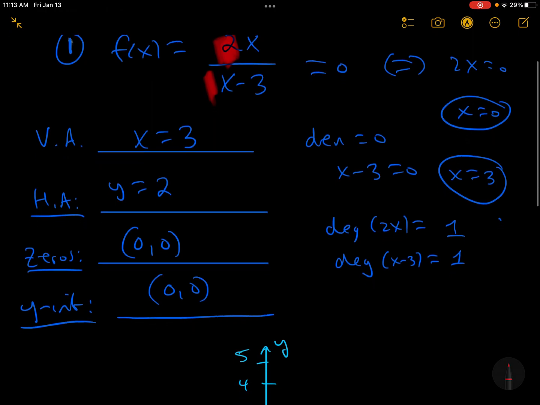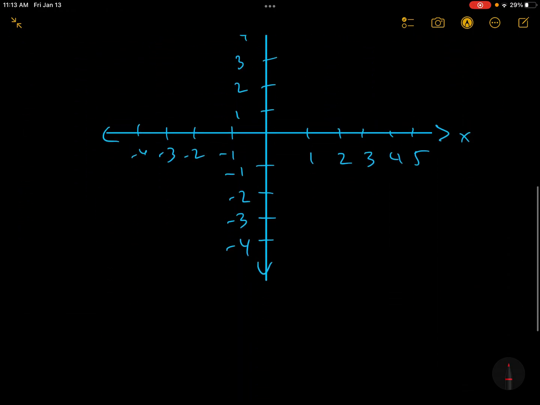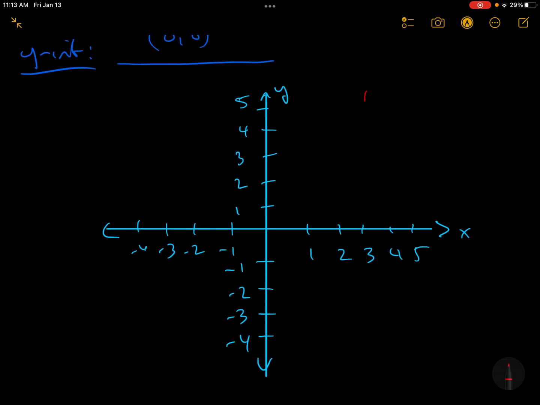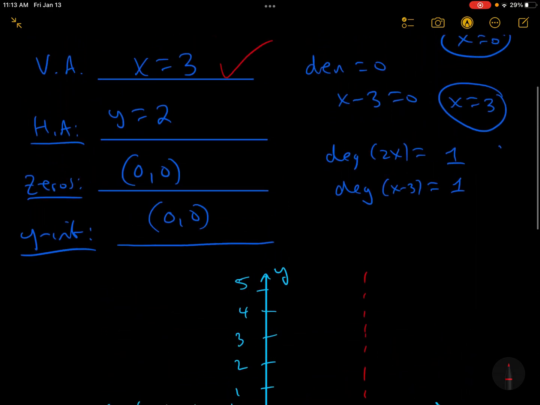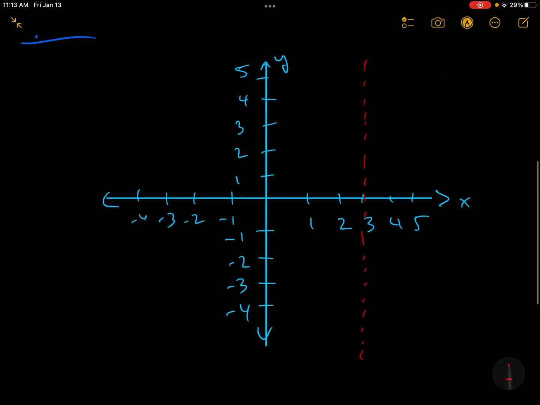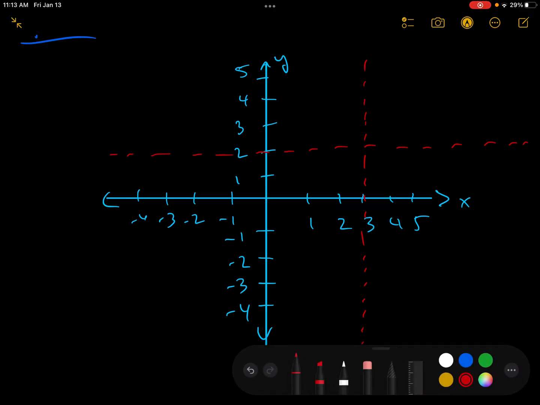First thing you want to do is put in your vertical asymptote, which is the line x equals 3. Now we're going to put in the horizontal asymptote, which is the line y equals 2. Okay, so those are our asymptotes.